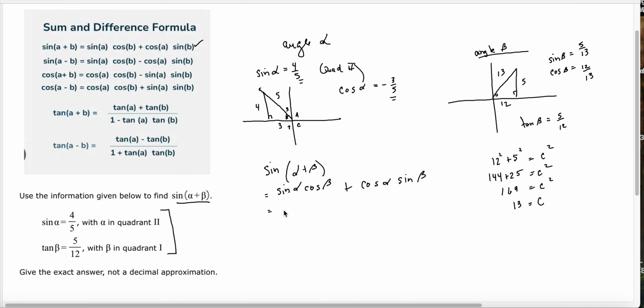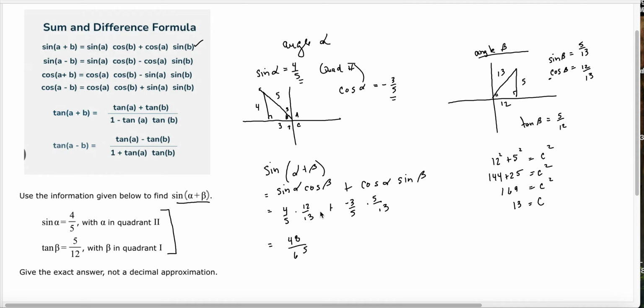Sine of alpha is 4/5. Cosine beta is 12 over 13, that one we found over here. Cosine of alpha, since we're adding, is -3/5, and sine of beta is 5/13. Multiply before you add. 12 times 4 is 48, and 13 times 5 is 65.